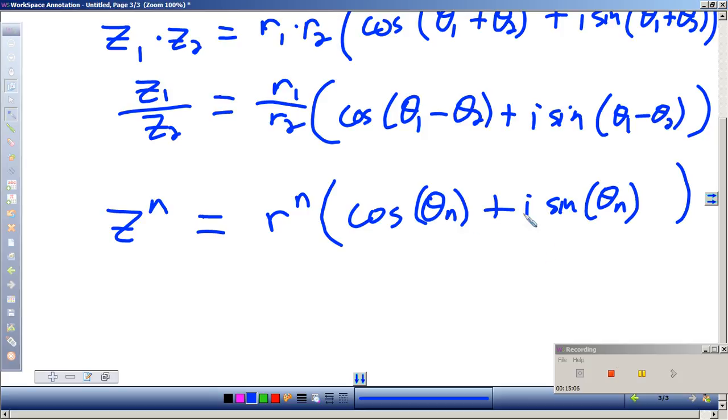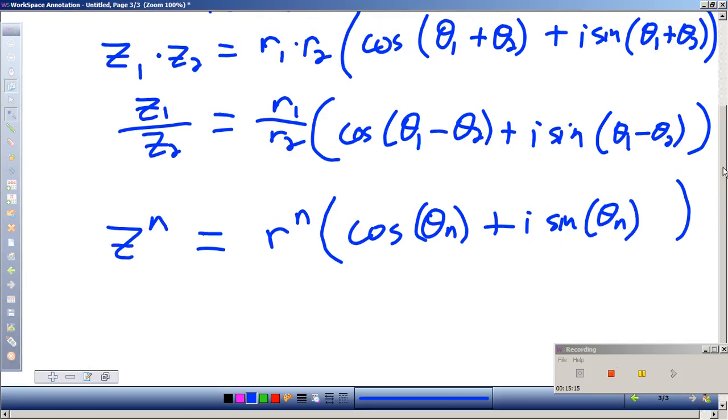So if you notice, theta n here, if you look up here further, we had multiplication outside, changes to addition inside. So exponents outside change to multiplication inside. Does that sound similar to something you've done before? Remember logarithms? We had something similar to that.